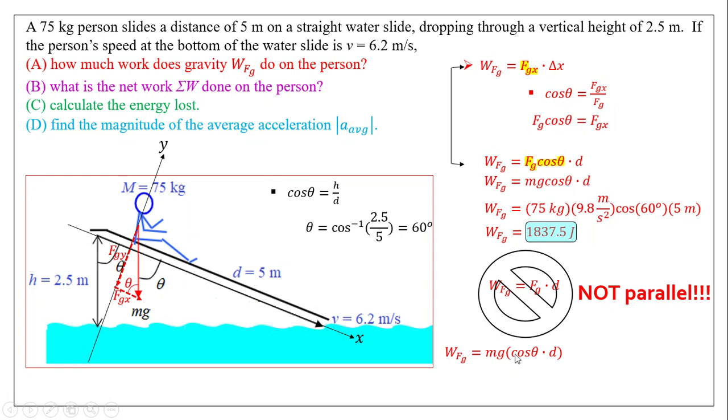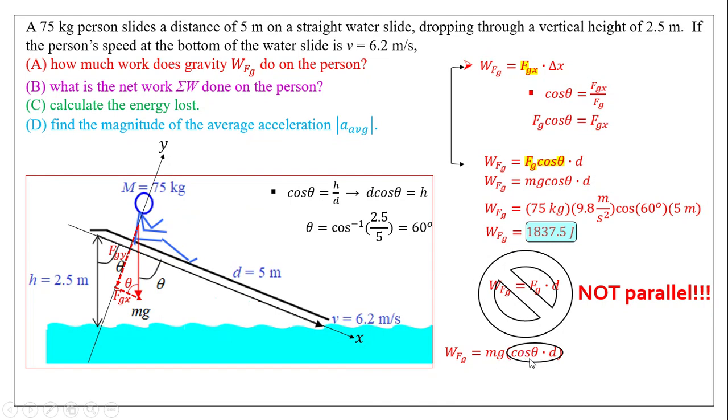But you notice here in my work now, I group cosine theta and d together in parentheses. Why? Because I made a statement earlier that cosine theta is equal to h over d. Here, I can find what h is by simply multiplying both sides by d. So d times cosine theta is equal to h.